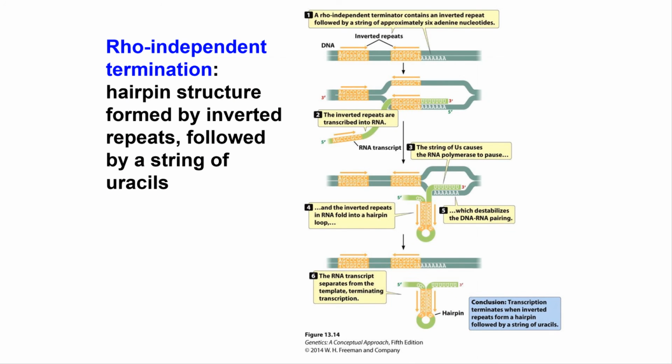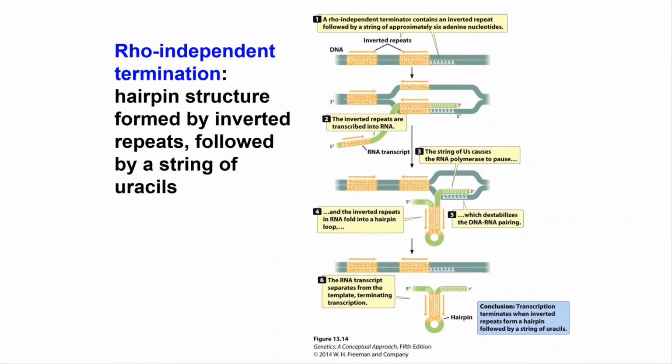Rho-independent termination depends on inverted repeats, which are followed by approximately 6 adenine nucleotides. The inverted repeats are transcribed into RNA and form hairpins.